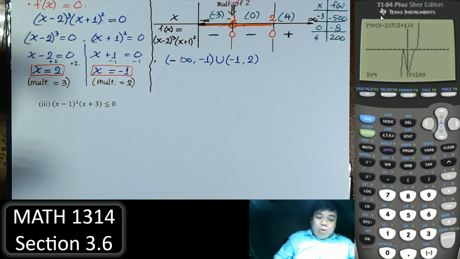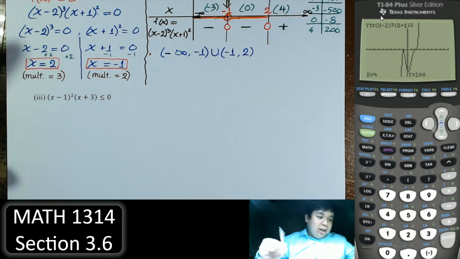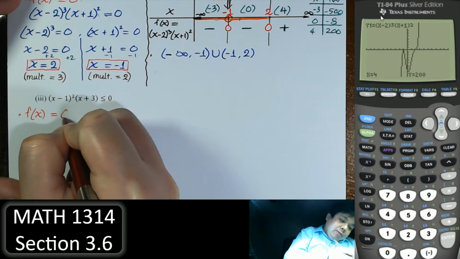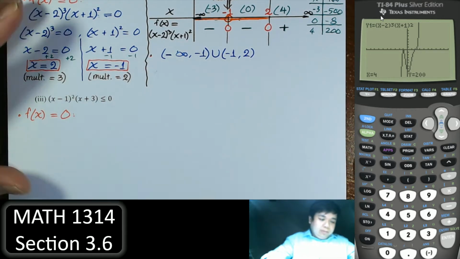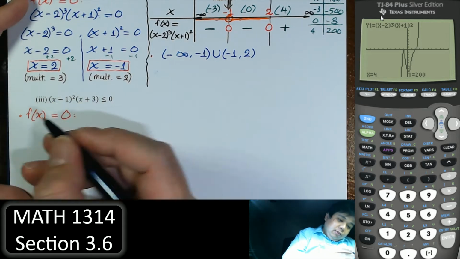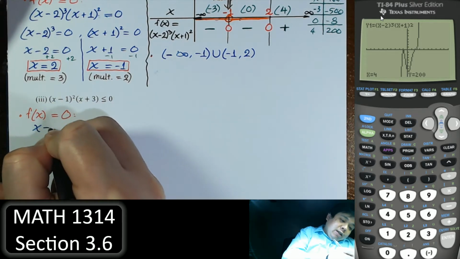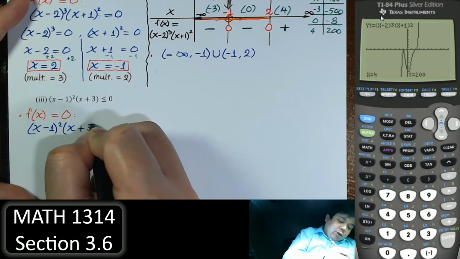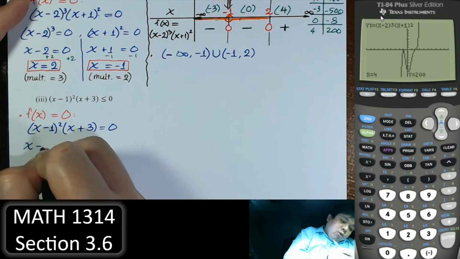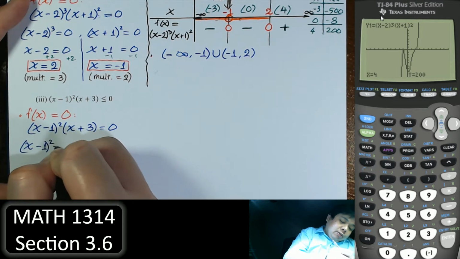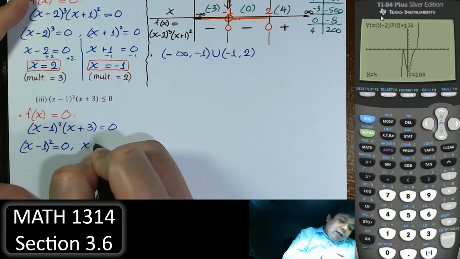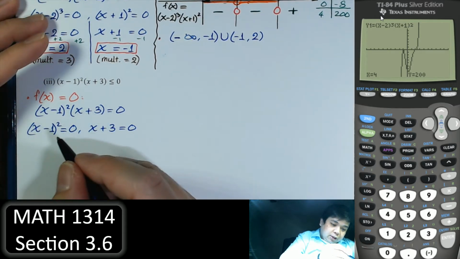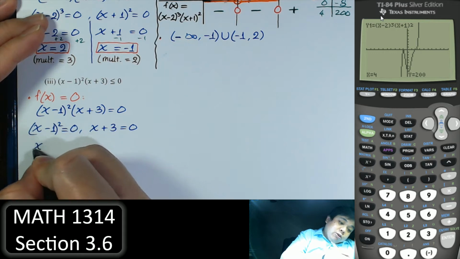For this one, once again, already in the right form. So we're just going to solve for it equal to 0. x minus 1 squared times x plus 3 equal to 0. So x minus 1 squared equal to 0, and x plus 3 equal to 0.